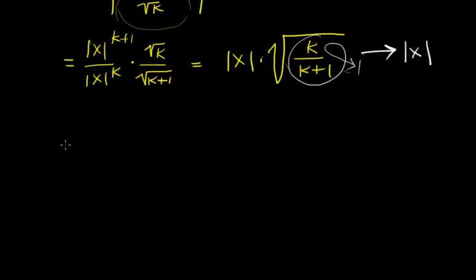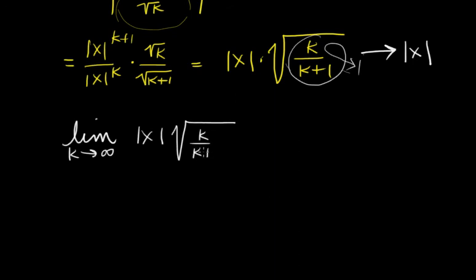So for this example, I want to say just once, writing it all out, the limit as k goes to infinity of the absolute value of x times the square root of k over k plus 1 equals the absolute value of x. And in the ratio test, that limit must be less than 1. So I need to solve this inequality, and I get exactly the interval minus 1, 1.